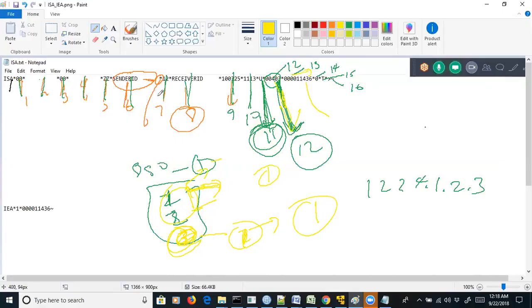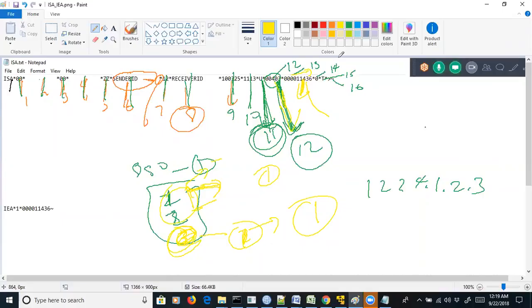Now in EDI, every single transaction is identified by a unique number, and that number is called the control number.